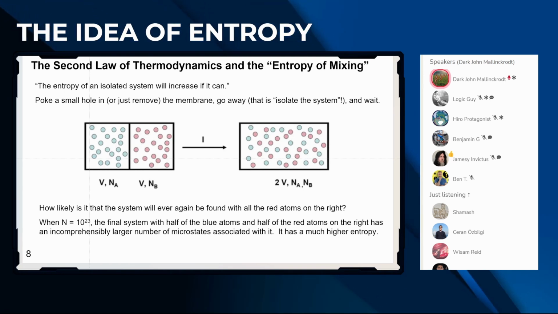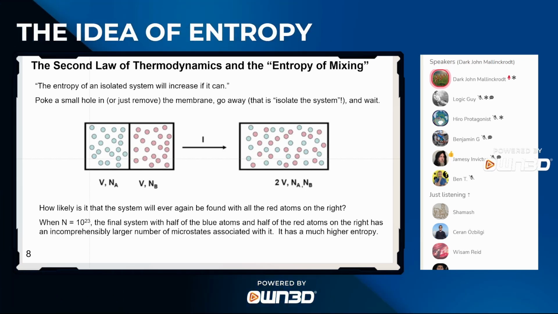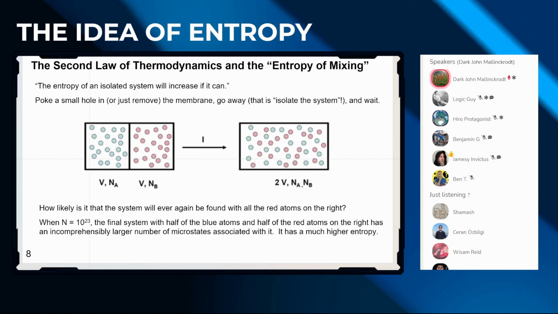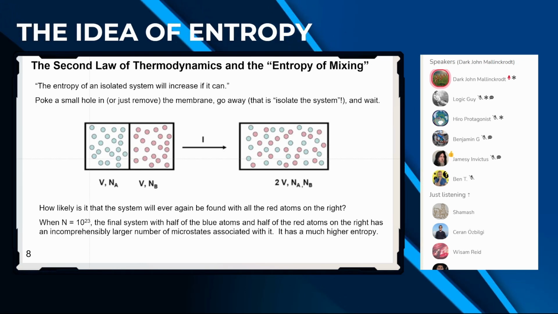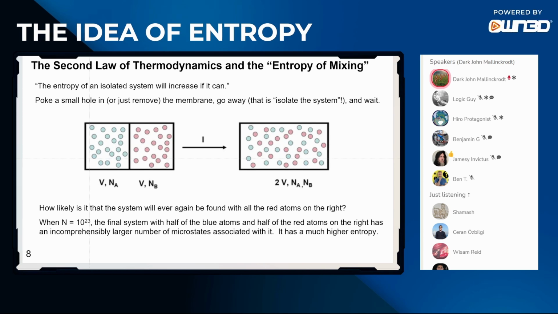It's inside walls that I can't move, that I can't poke anything through, that I can't let heat flow through. This is a system that is isolated mechanically and thermally from its environment. No heat flows into or out of it, and no mechanical work can be done on it. So the entropy of an isolated system will increase if it can.